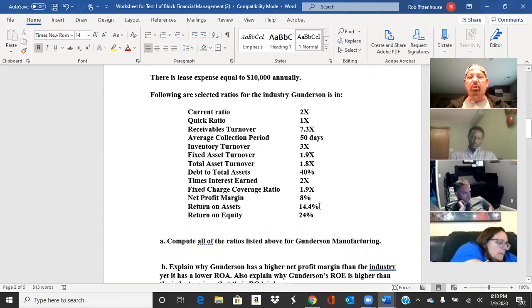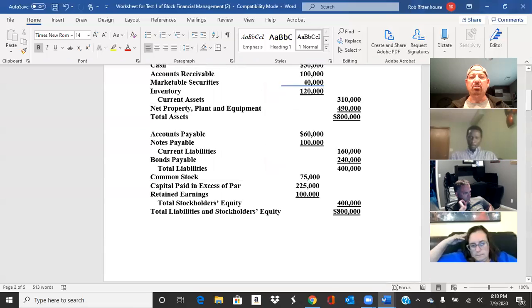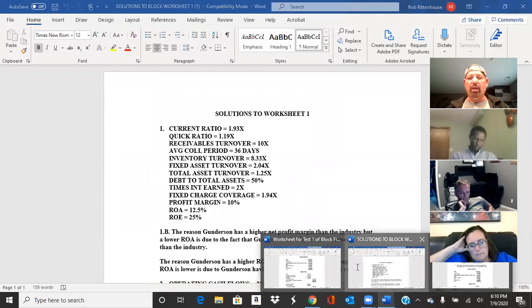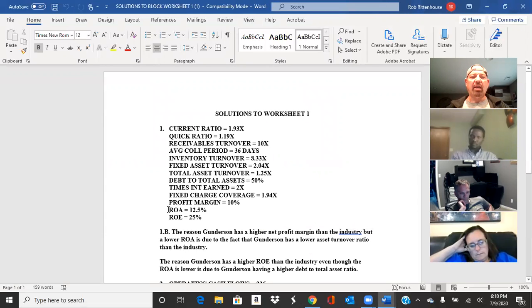Next, we have return on assets, which is net income over total assets. Well, again, net income is $100,000. Total assets is 800,000. So 100,000 divided by 800,000 gives us, that's 1/8 or 12.5% as our return on assets.